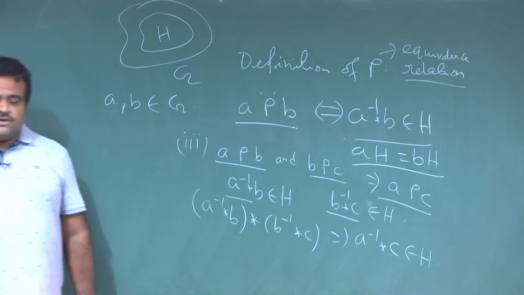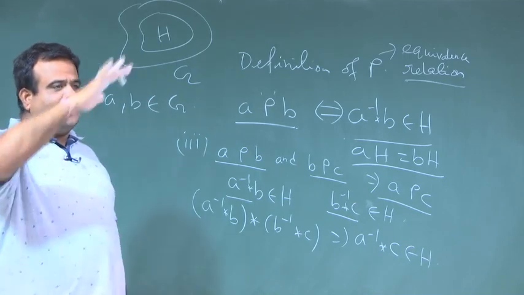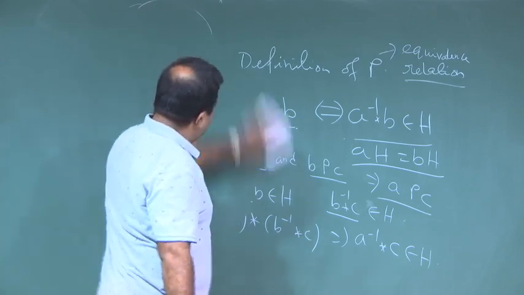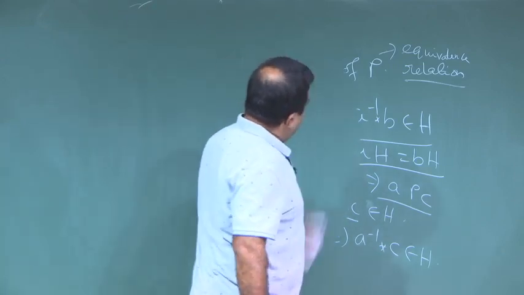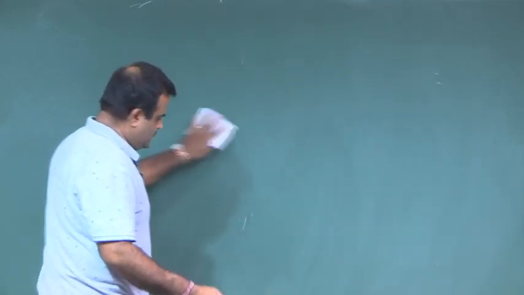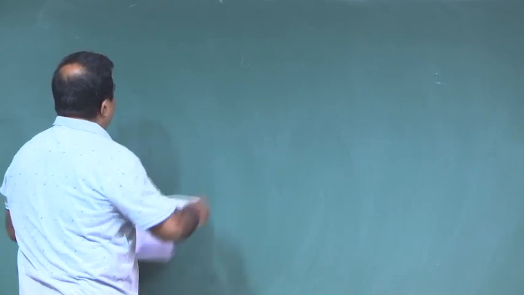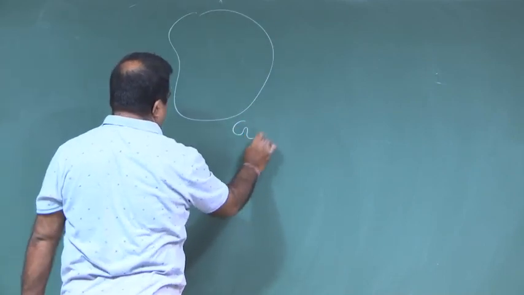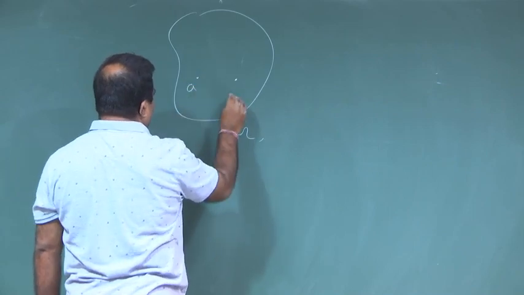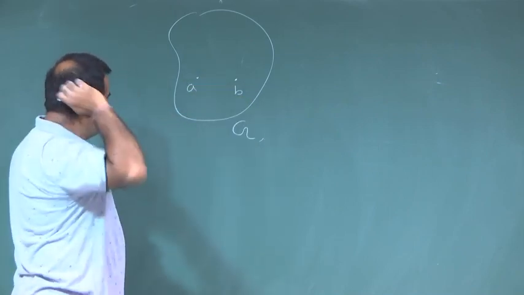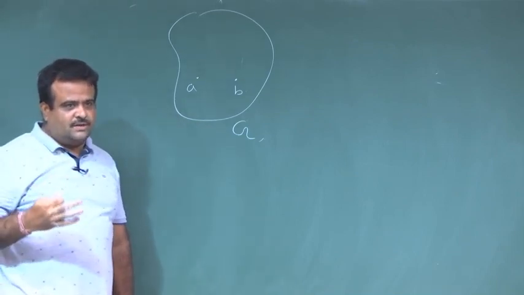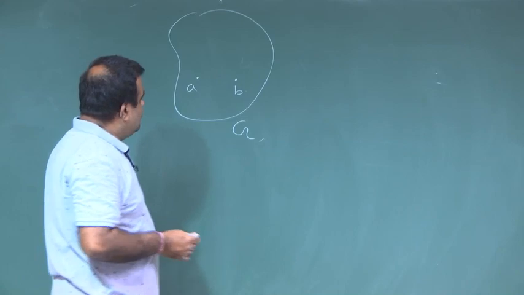So, now if rho is an equivalence relation, then it will partition the set into equivalence classes. Basically, we have a set G where we have defined an equivalence relation rho: A is related with B if they form the same class of coset, if their cosets are the same.